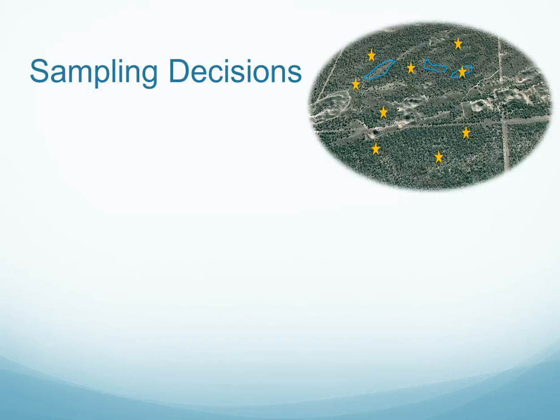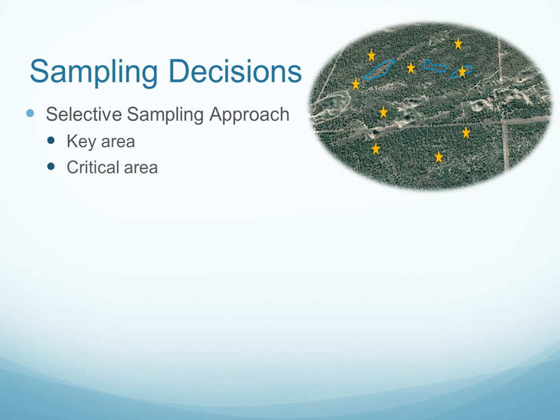When we are sampling, we usually use a selective sampling approach with utilization. So rather than randomly choosing our sites, we are very specific and particular about where we do our sampling. Most often this is done through the use of key areas or critical areas.